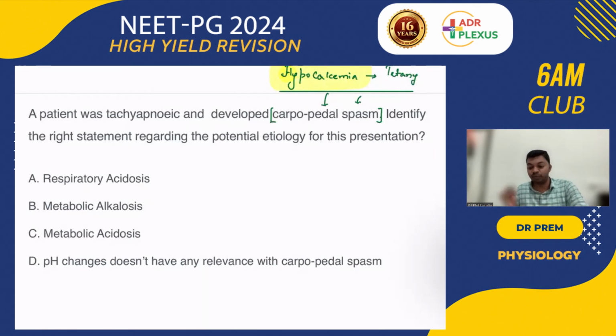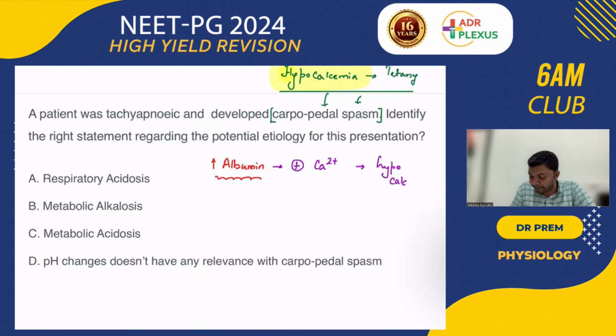Why is this so? Every time there is going to be an excess amount of albumin available, this albumin will go and combine. Albumin is a negatively charged protein. Albumin will combine with positively charged calcium, leading to hypocalcemia.